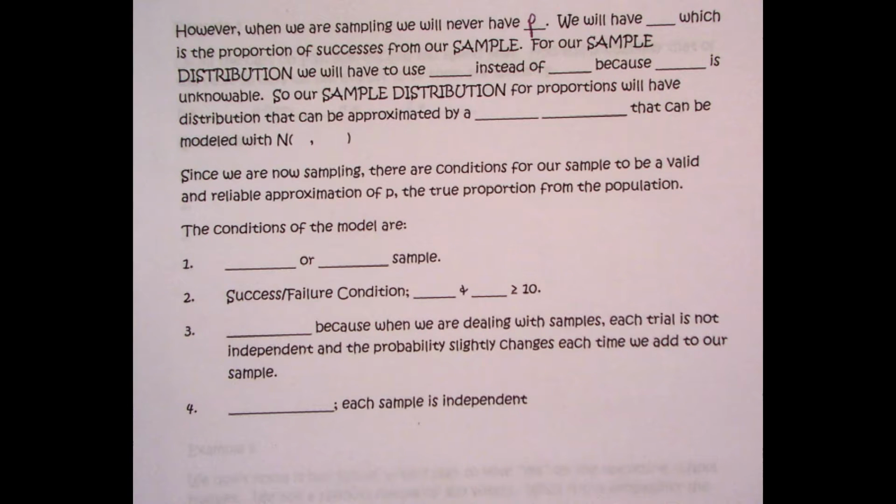Well, we want to know if that person's the majority. They're over 50%. Well, we don't know that. We don't know if they are or if they're not. But there is some proportion out there of people that are going to vote for this candidate. Okay, we just don't know what it is.